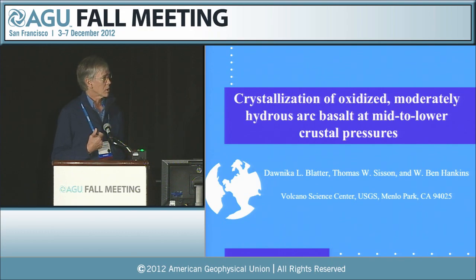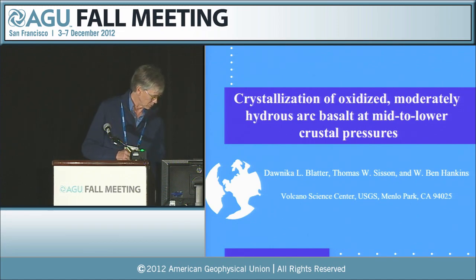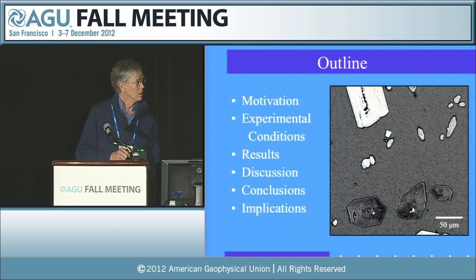But we know a lot more about the water concentrations of natural arc magmas than we did 20 years ago, and so I wanted to reinvestigate that problem. And also there's a notable lack of information on the crystallization behavior of basalts in deep crustal conditions. So I guess that's the motivation.